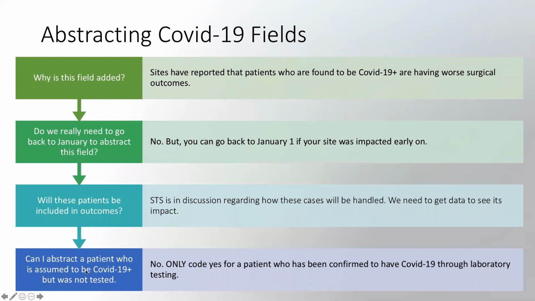And then, can I abstract a patient who is assumed to be COVID-19 positive but was not tested? No, only code yes for a patient who has been confirmed to have a COVID-19 diagnosis through laboratory testing. We cannot assume based off of symptoms that the patient has COVID-19 for purposes of our databases.